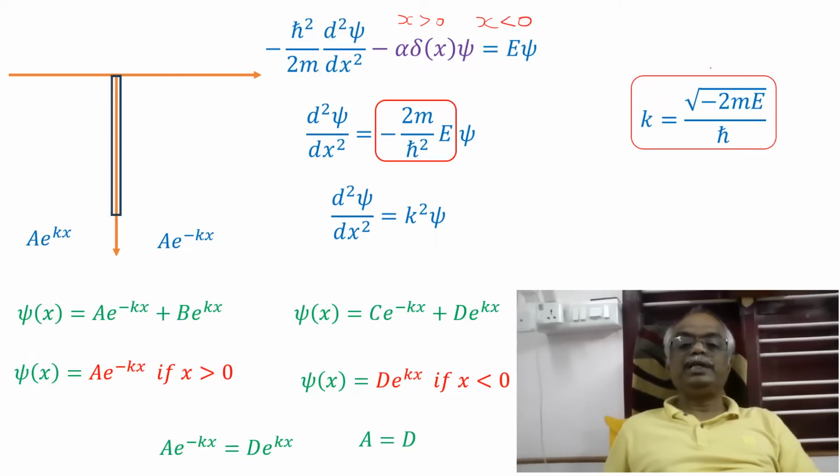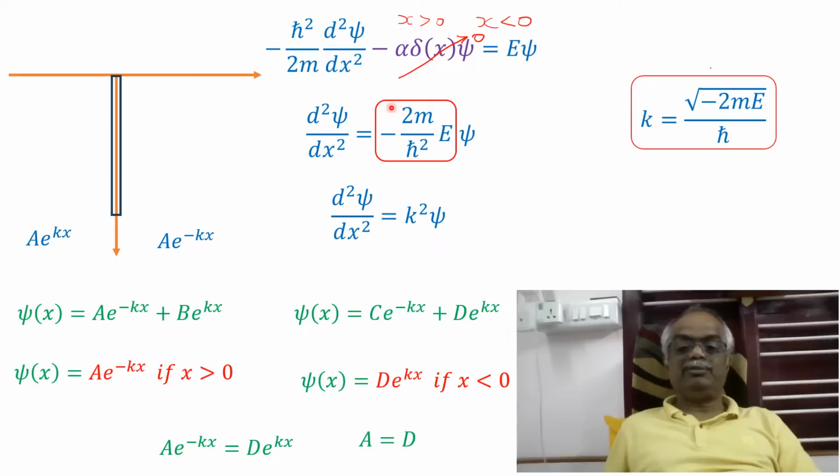So in both cases it will be 0 other than x equal to 0. So this term gets cancelled. You will get d2 psi over dx2 is equal to, bringing this to the right hand side, minus 2m over h cross squared E psi.